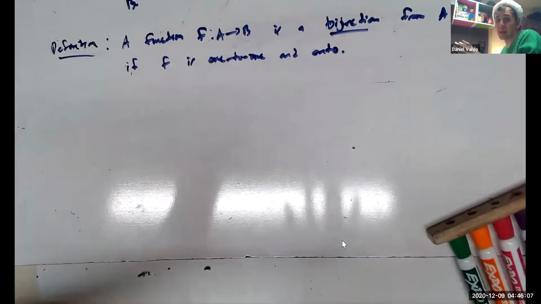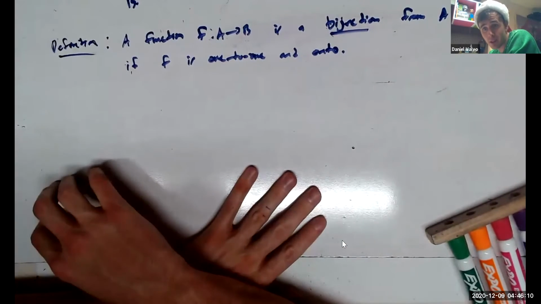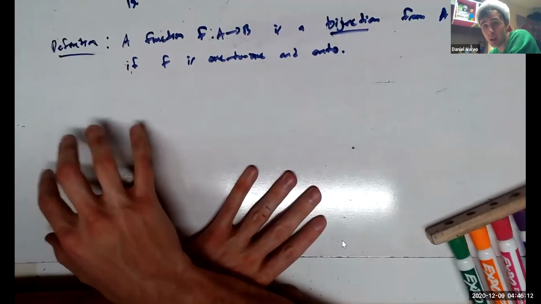So a function is a bijection if and only if it's 1-to-1 and onto.